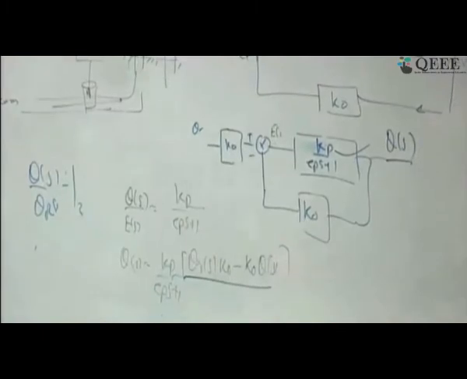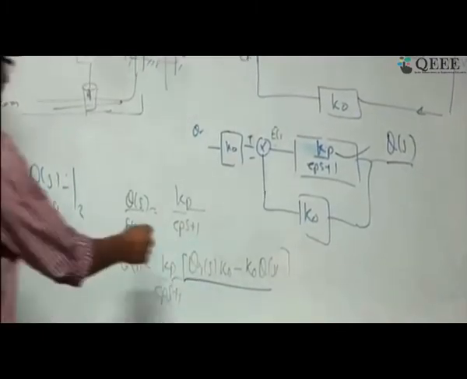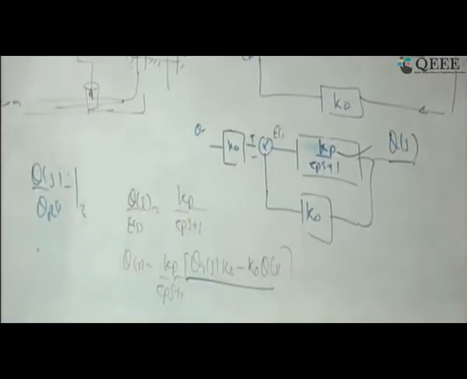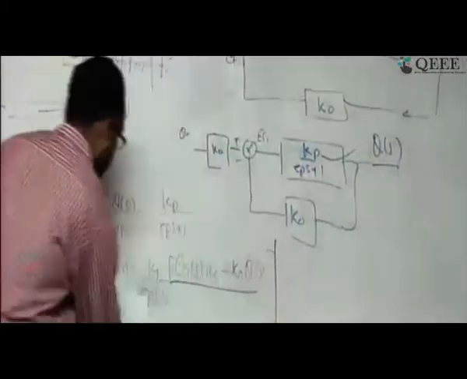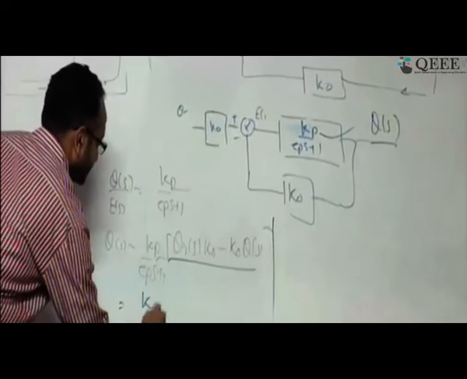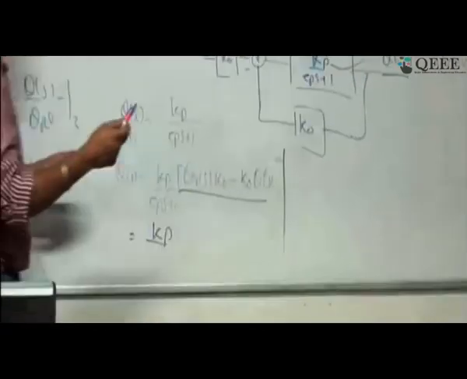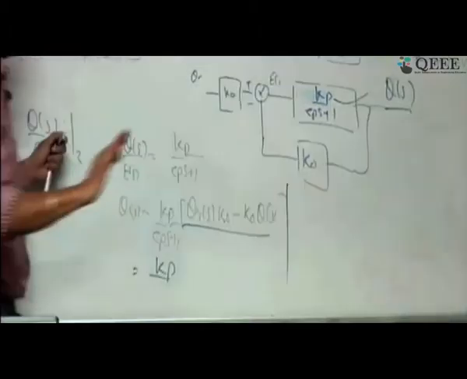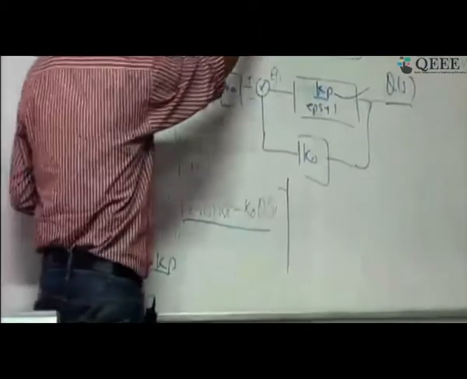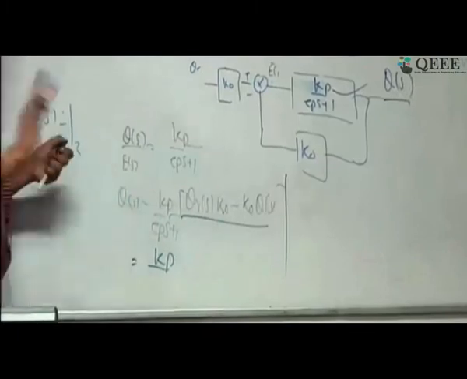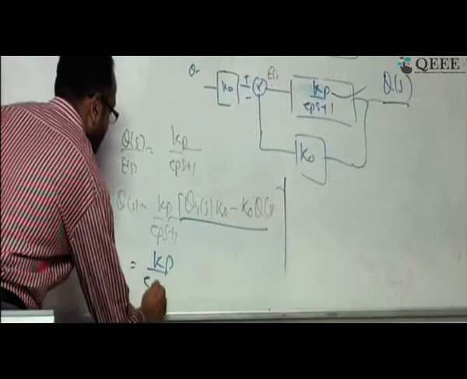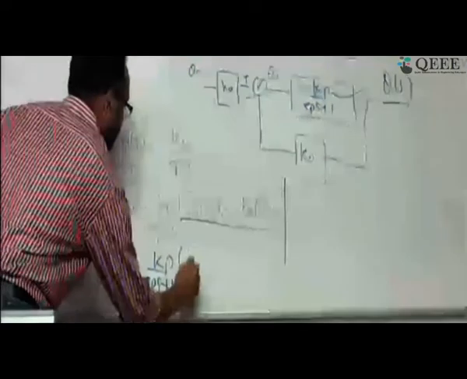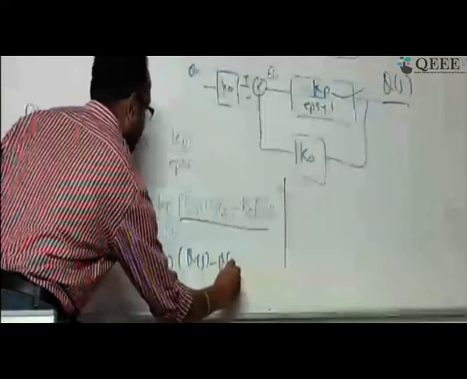Now if you solve it, this K0 term will come out, and again let me write the entire thing as Kp, because Kp into K0, all this thing is fixed. We are varying only the proportionality constant, the remaining is fixed. That's why I have written only Kp, so that you should not get confused with this part. And this is going to be tau p s plus 1 times theta r s minus theta s.